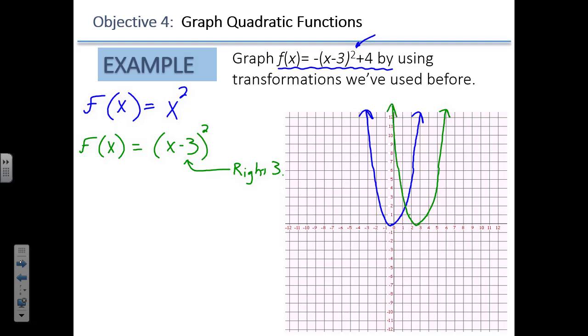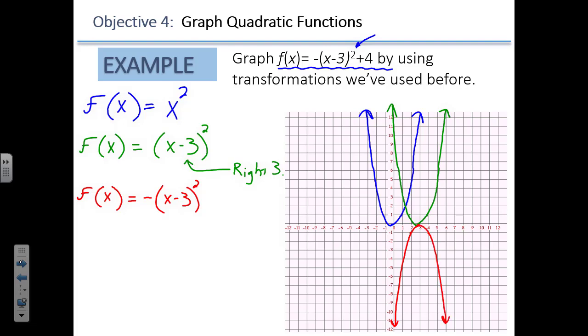The next thing we would do is flip that thing over, and our function would become -(x - 3) squared. That means we're going to take that parabola and flip it upside down, which is going to put it right about there.